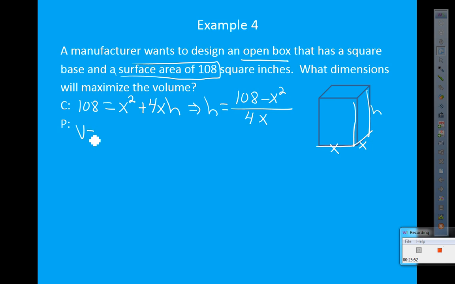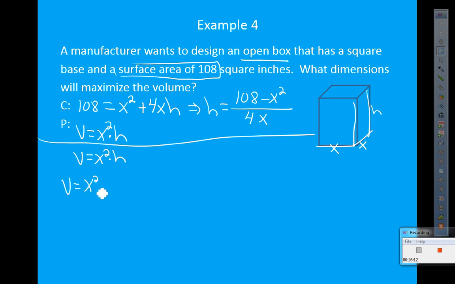So volume equal x squared times h. So there's my main part so far. So now what are we going to do? I'm going to take my primary equation, which is x squared h. I'm going to sub in h. So I've got volume equal x squared times 108 minus x squared all over 4x.